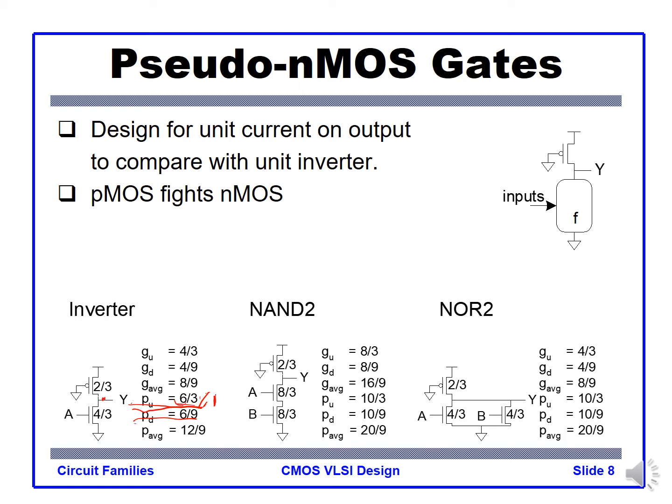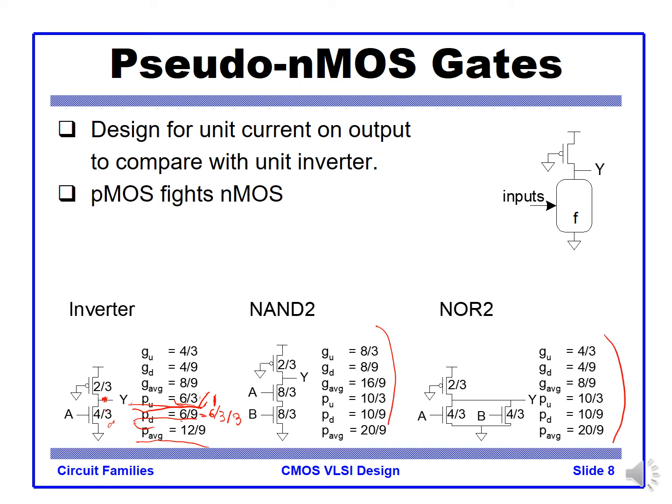And for the pull down, the output parasitic capacitance is 6/3 divided by the equivalent input total capacitance, which is 3, right? So we get 6/9. So the average parasitic delay is 12/9. We can find this similarly for the NMOS and NOR gate.